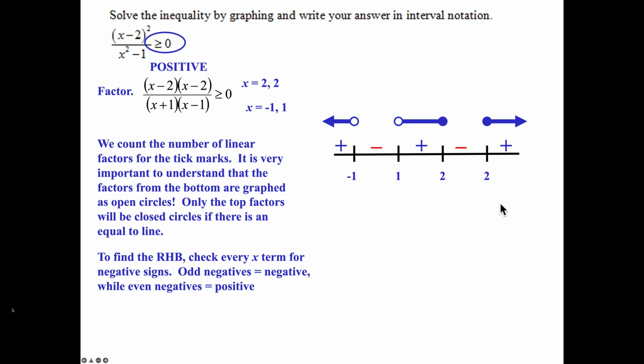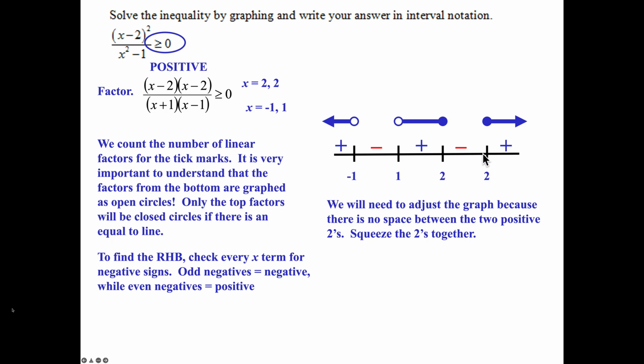Now, we'll go ahead and put this in interval notation. If this is equal to 2 here, and this is equal to 2, there's really nothing between the 2 2's. Now, when we had the previous problem, those were open circles, so we had to keep those. Here, you can literally slide this tick mark of 2 over to the left.